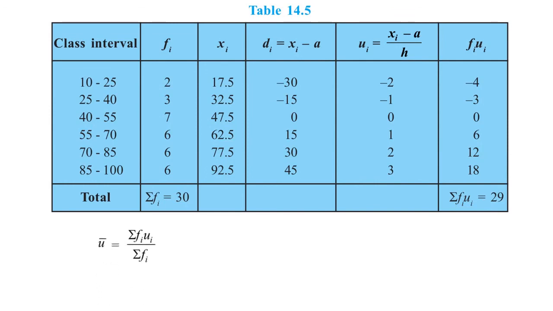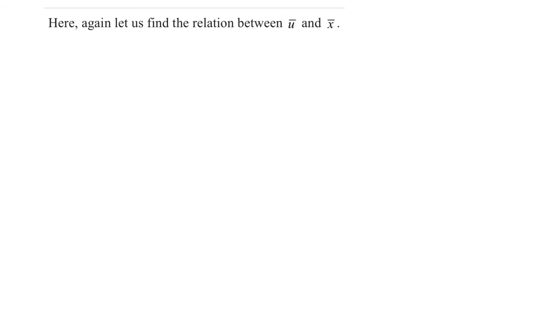Now we need to find out the relationship between u and our mean. So let's find the relationship between the u and x bar, and that is a plus h times u bar. A is the deviation that we have taken. U bar is what we got by the deviation divided by the class interval, and h is our class interval.